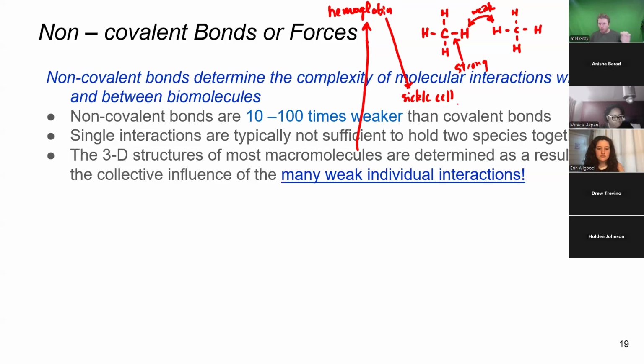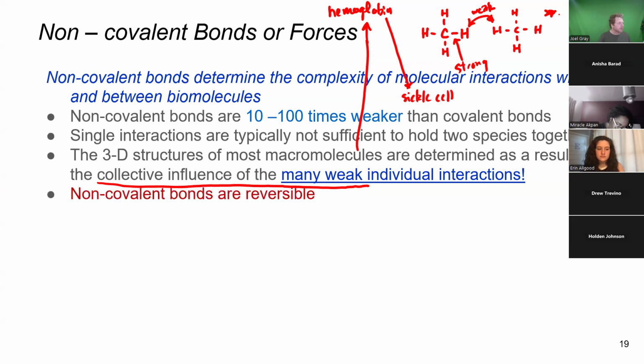That's the magnitude of what we're talking about, and it's the collective influence of many weak interactions. So when it comes to the structure of a protein, strange as it may sound, we care about these induced dipoles, these overall weak interactions, because they contribute to the 3D structure of a protein.